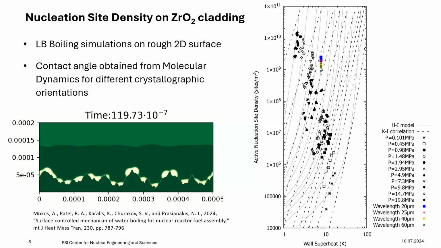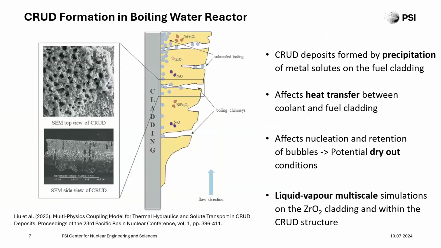And as you can see, we get a good agreement with the experimental results for 7.3 megapascal, although we are running at a slightly higher wall superheat than the experiments, because we're trying to mimic the actual reactor conditions. And what we want now is to move that into 3D.